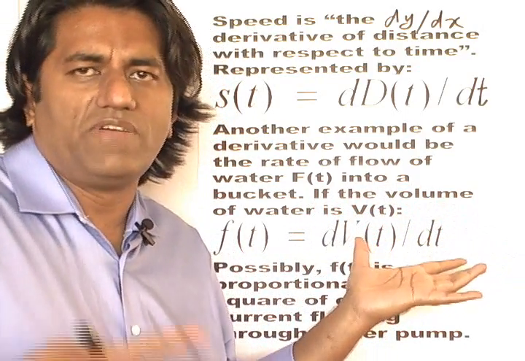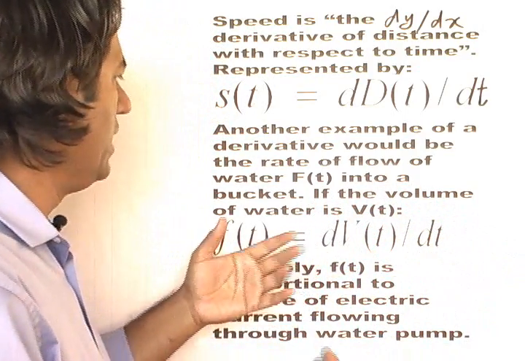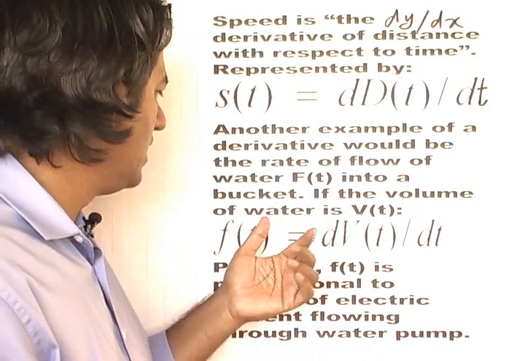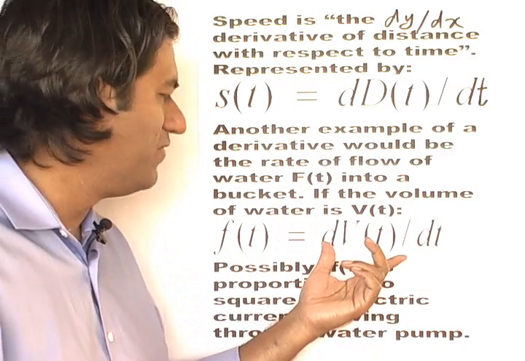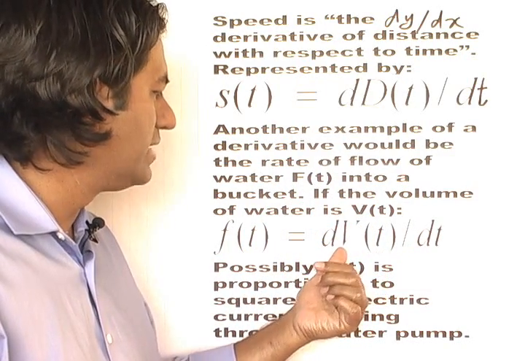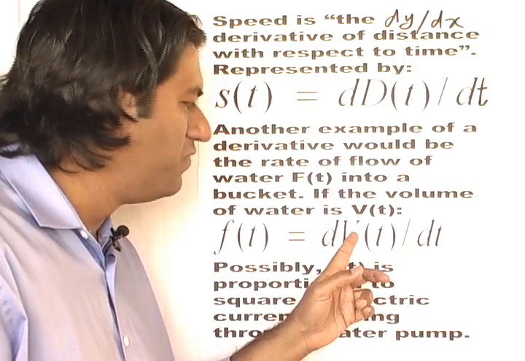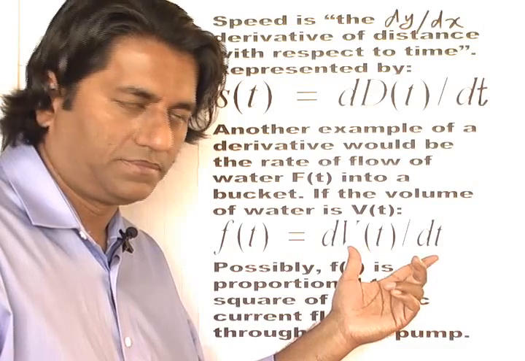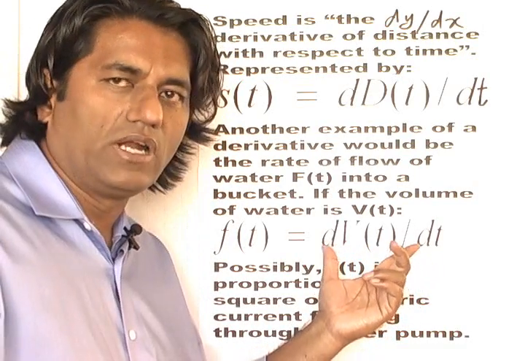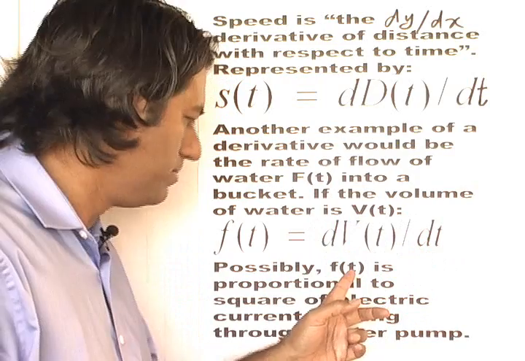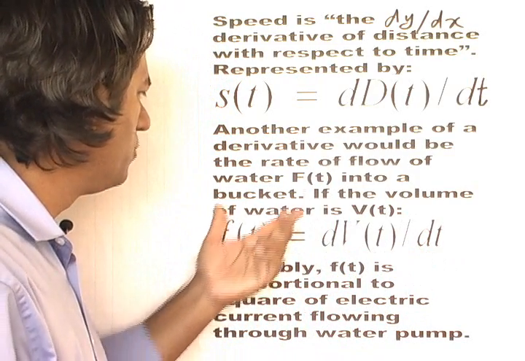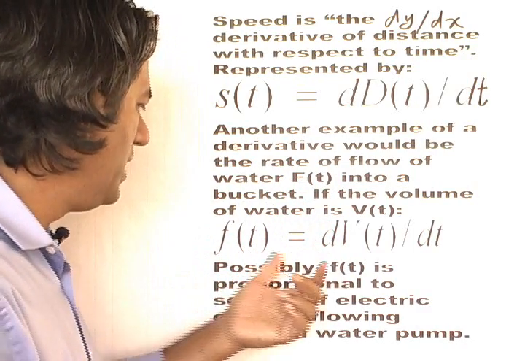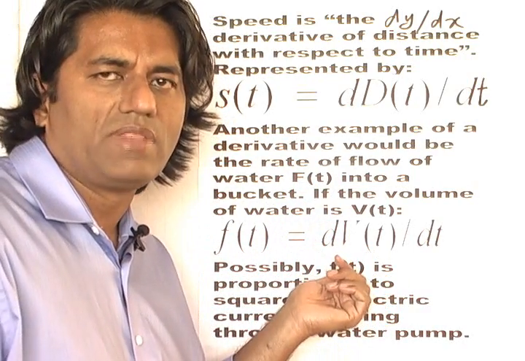Another example of a derivative would be, let's say, the rate of flow of water into a bucket. And if the volume is V(t), then the derivative would be represented by d of V divided by d of T. And this is actually not a division, it's just notation. And that would be equal to the rate of flow of water, F(t). And why would we be interested in F(t)?